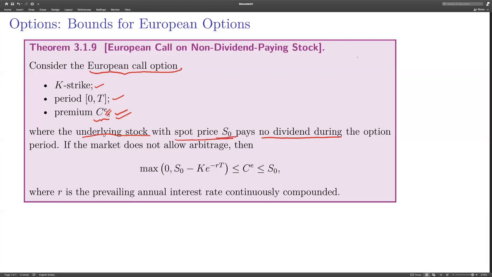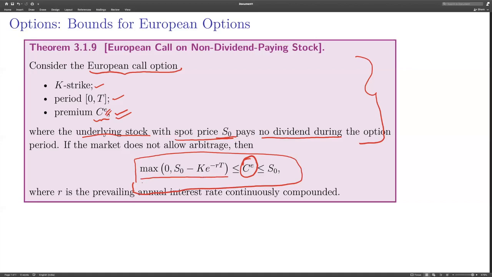If all these are given to us, then you can say that the bound of the premium, that is the price of the option that one needs to pay to own the option, is given by this. You can see that the lower bound is the maximum of 0 and S0 minus K times e power minus RT, where R is the prevailing interest rate.